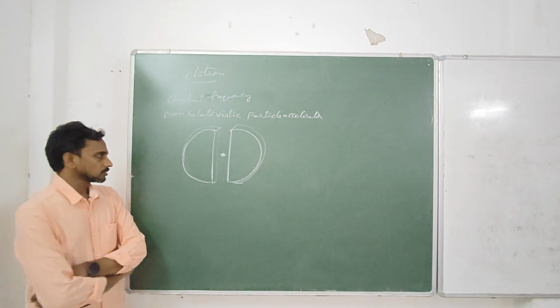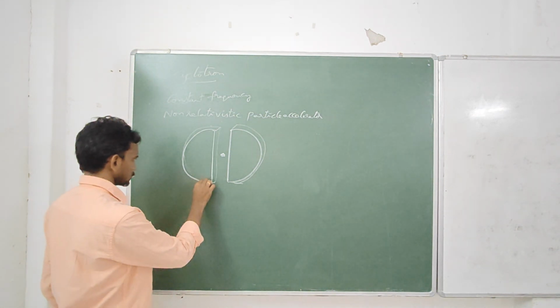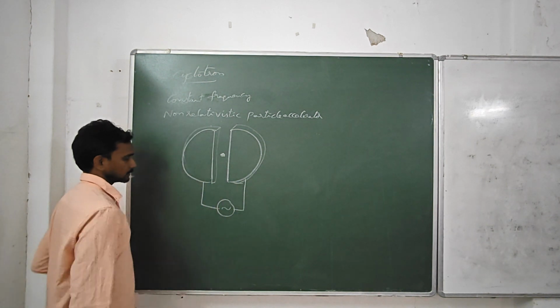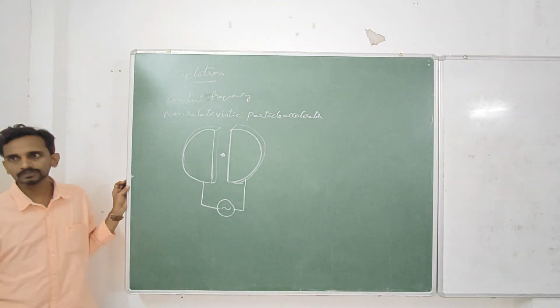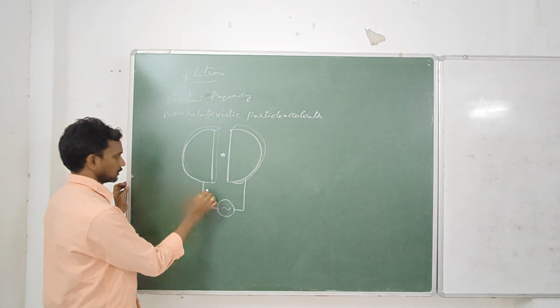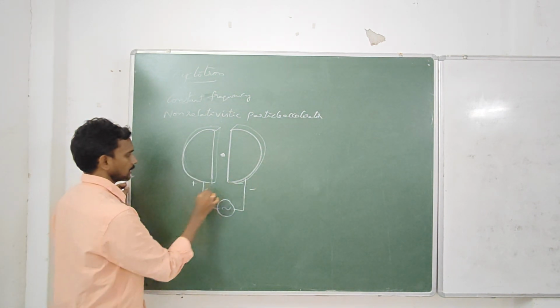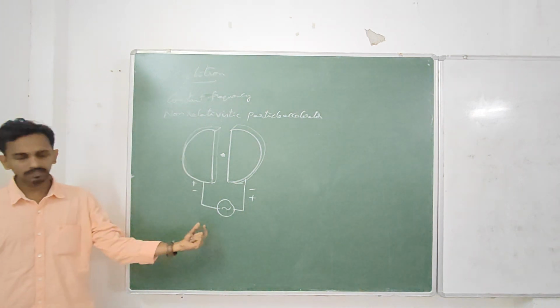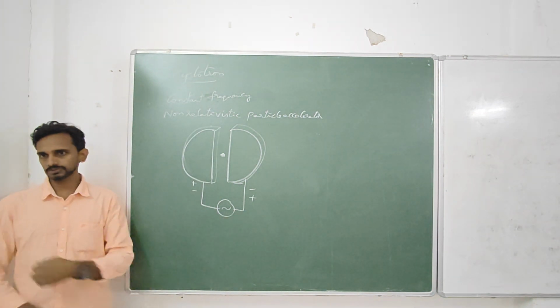Okay, so here it is connected to a radio frequency electric field, which will be changing its sign alternately, plus to minus and minus to plus, depending on the frequency of this source.